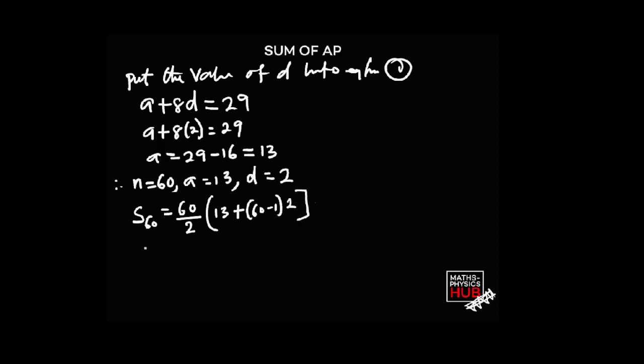And that's it. So S of 60 equals 60 over 2, which is 30, into 13 plus 59 times 2. 30 into bracket 13 plus 59 times 2 will give us what? 118.